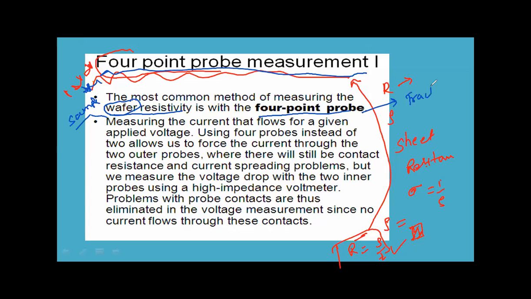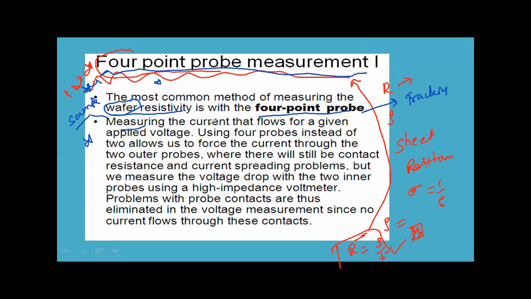Probing means tracking, like getting electrical data, resistivity data. The most common one, they will ask as a 4-mark question: the most common method of measuring wafer resistivity is the 4-point probe method.